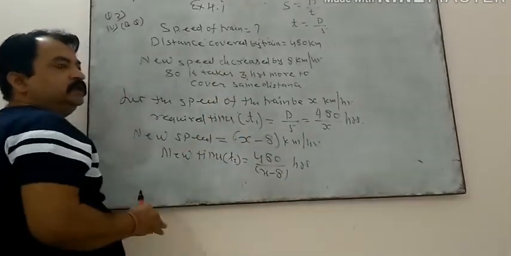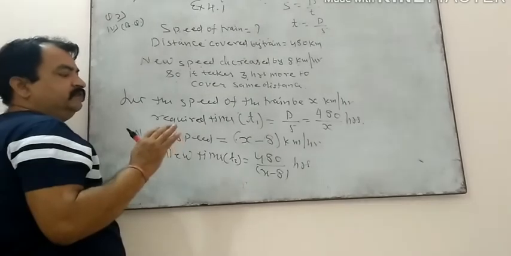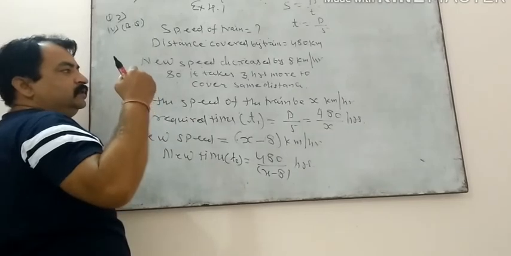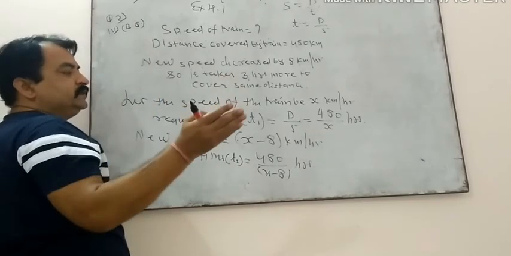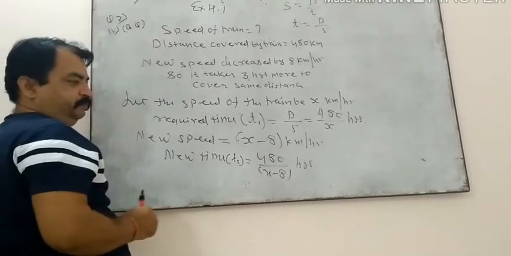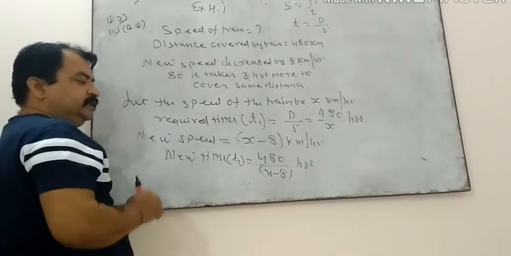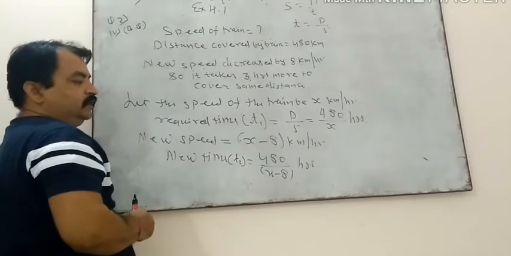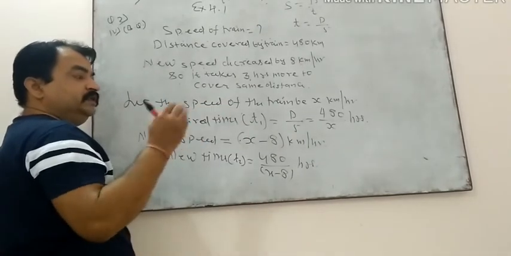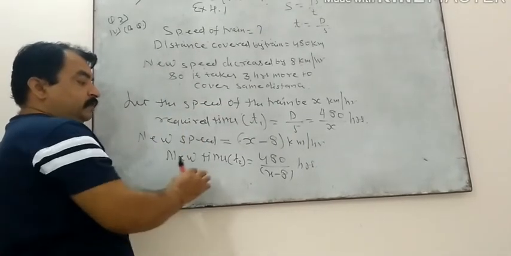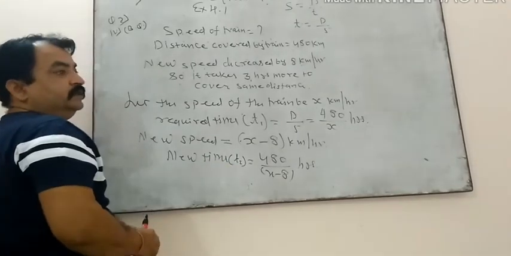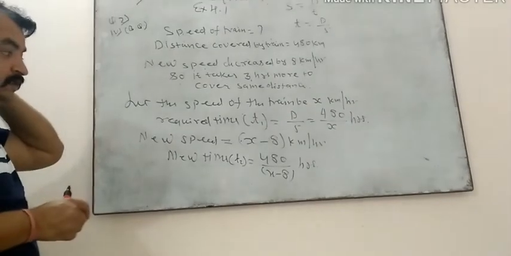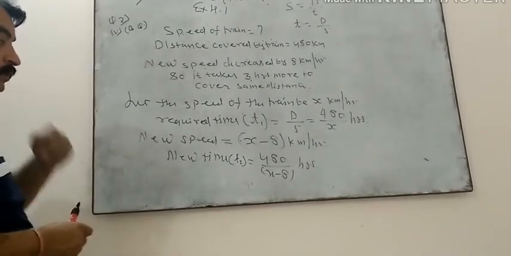For example, suppose by the first condition train is reaching at their required place, suppose 5 p.m. Right? And if the speed is decreased and it is getting late by 3 hours, so at what time it will reach that point? Of course, 5 plus 3, 8 pm, right? So when the speed of train is less, it will take the more time, right?